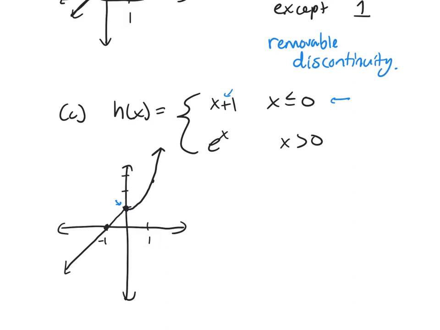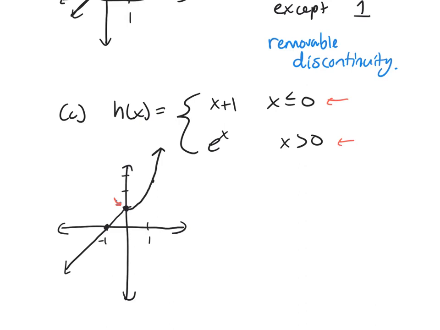So now let's look at our picture here. Really, this function is made up of a line. This first function here is a line. That's going to be continuous. And then e to the x is also continuous. But then I've got to worry right here at this point where I switch between functions.